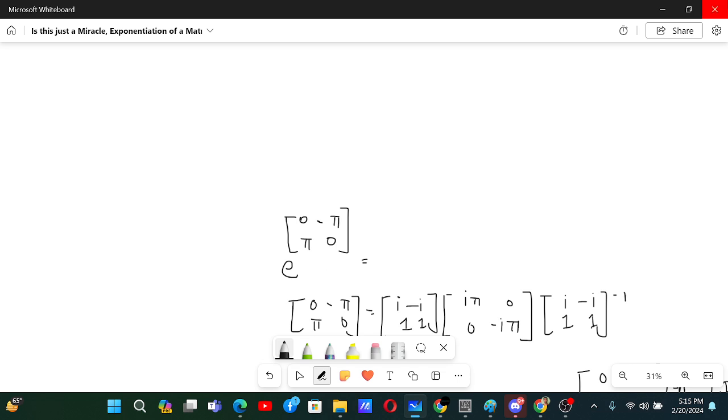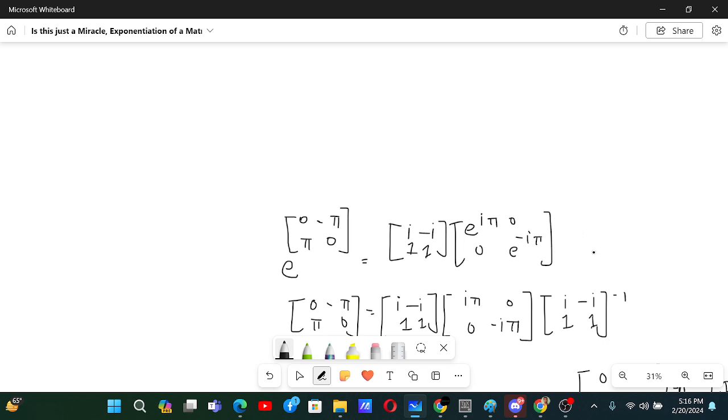So from there you can get the idea of why only they. And then i minus i 1 1, and we have e to the power i pi 0 0 e to the power minus i pi, and its inverse.